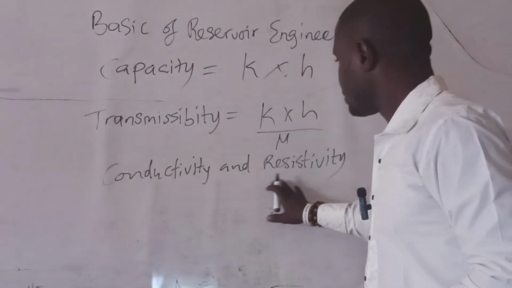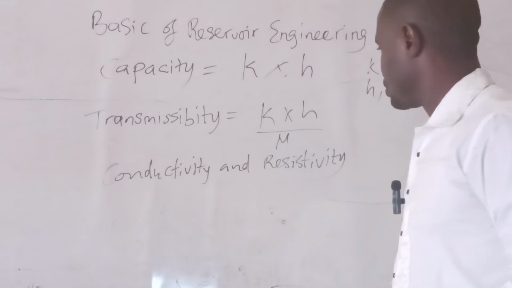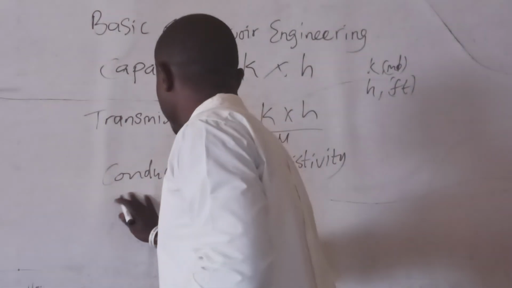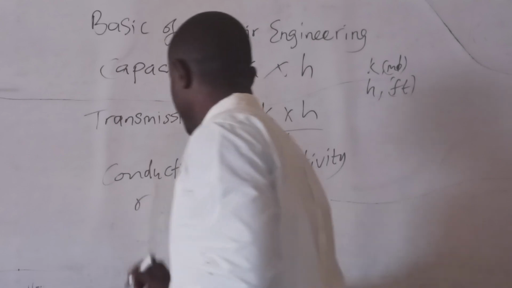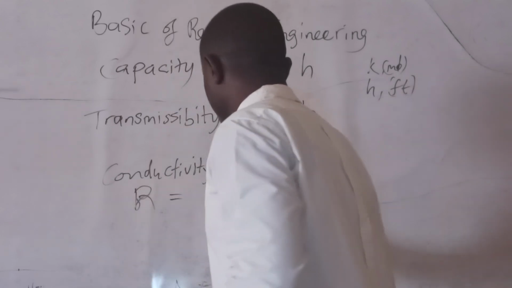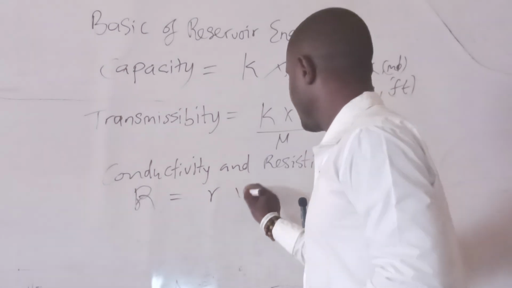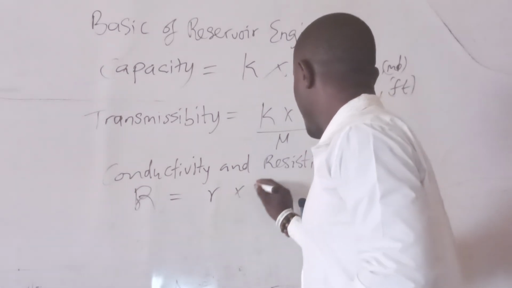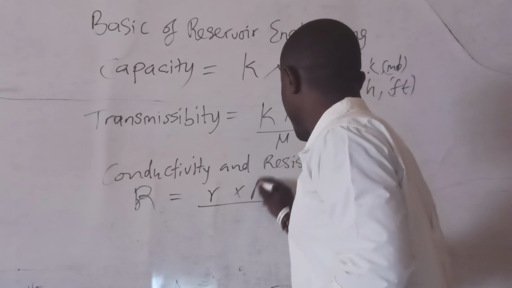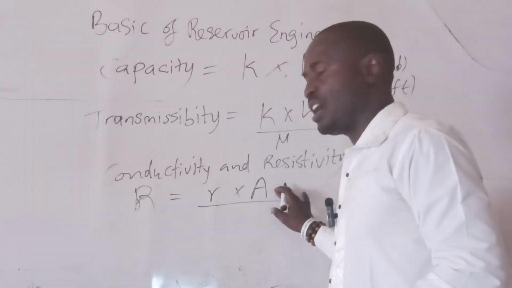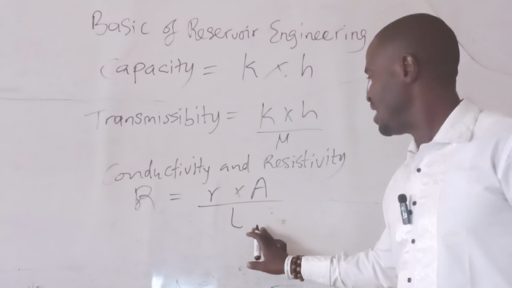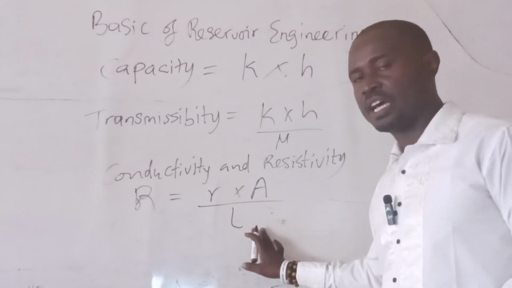And so, how do we determine our conductivity? We use the formula that resistivity, capital R, is equal to the resistance, small r, times the surface area of the rock, over the length of the particular rock.